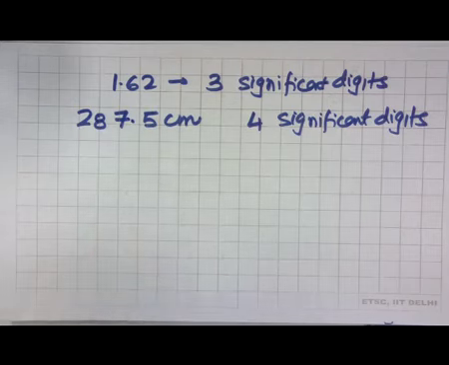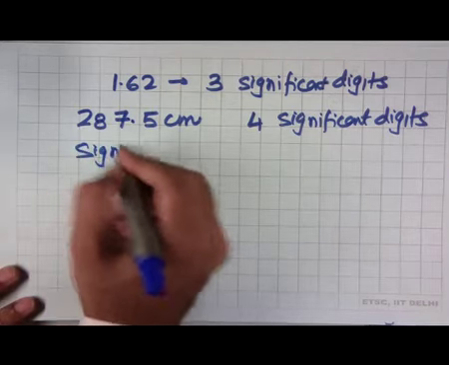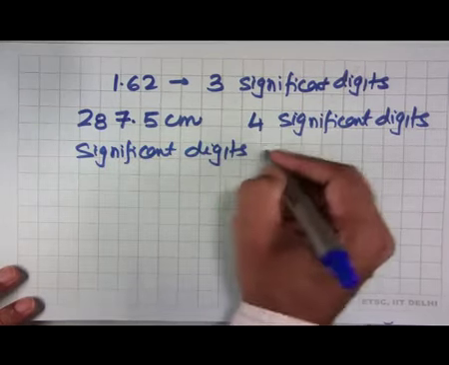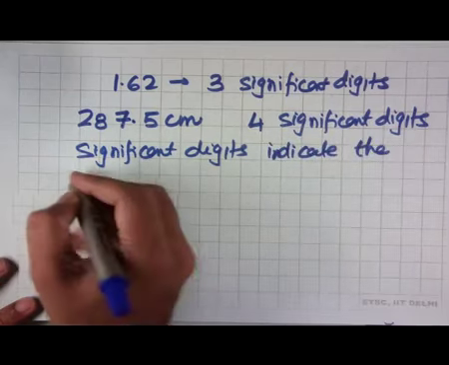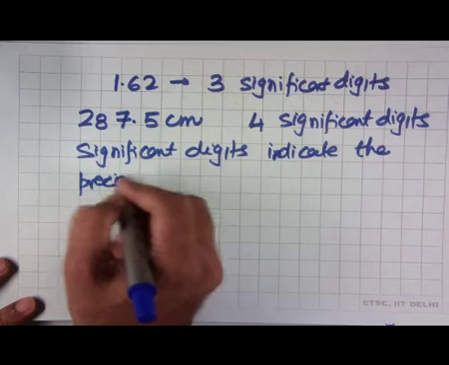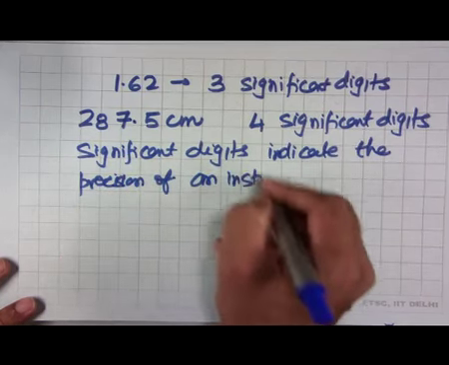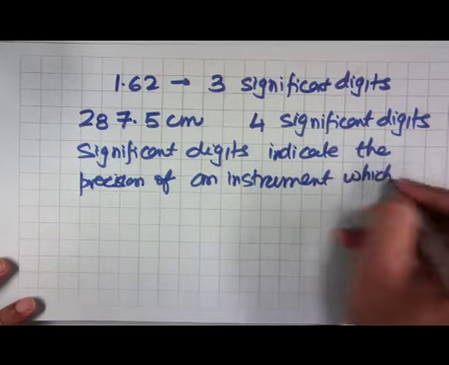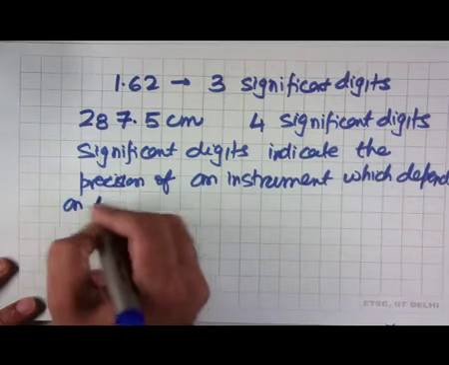Now, the significant digits indicate the precision of an instrument, which depends on the least count.